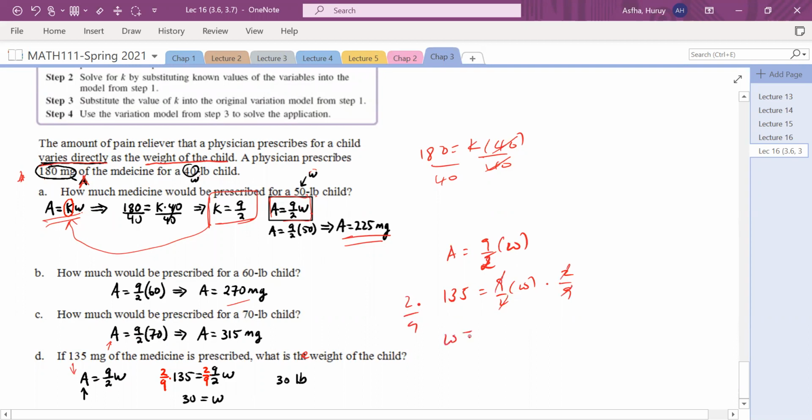And we have W equals, if we simplify this, we get 30. So the child weighs 30 pounds.